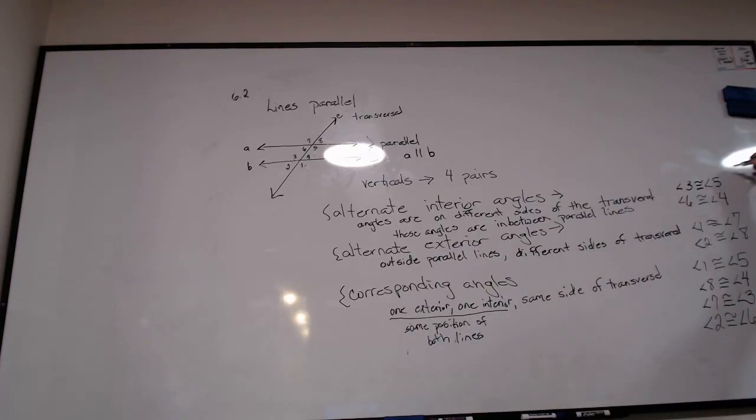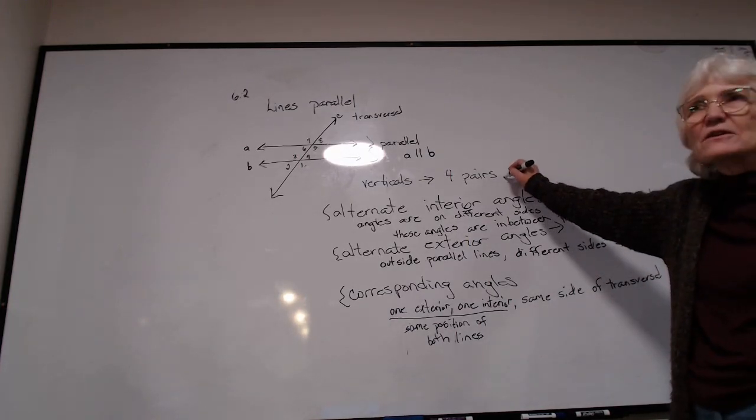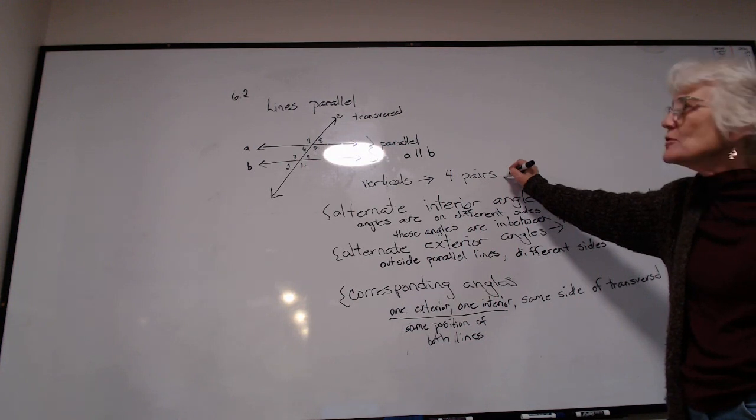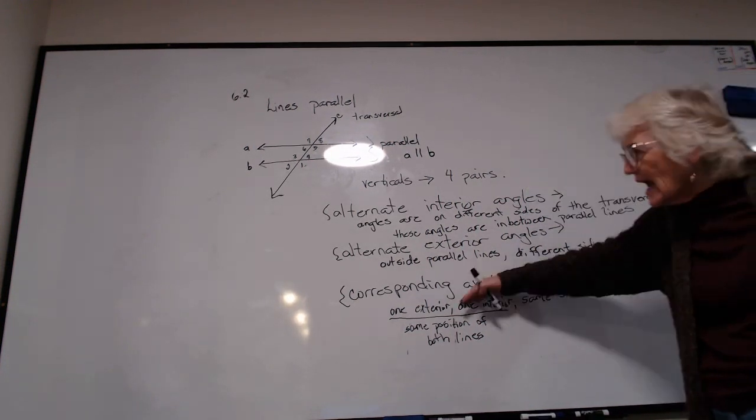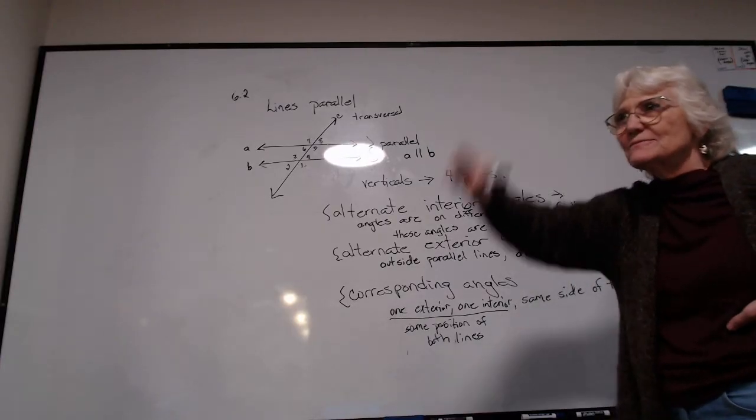So what's interesting is there are 2 pairs of alternate interior angles, 2 pairs of alternate exterior angles, but 4 pairs of corresponding angles, just like we had 4 pairs of vertical angles. So we can see vertical angles, alternate interior, alternate exterior, and corresponding in that picture.